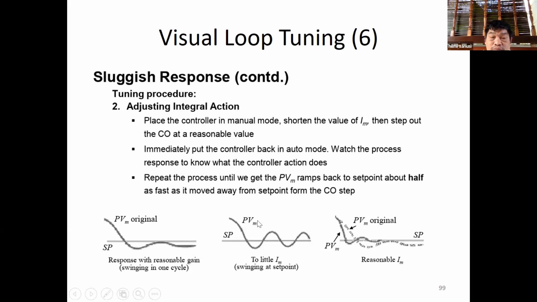So the response with a reasonable gain, dia ada one complete cycle, and then you increase slightly KI, and then kita dampen this thing dengan your KD.